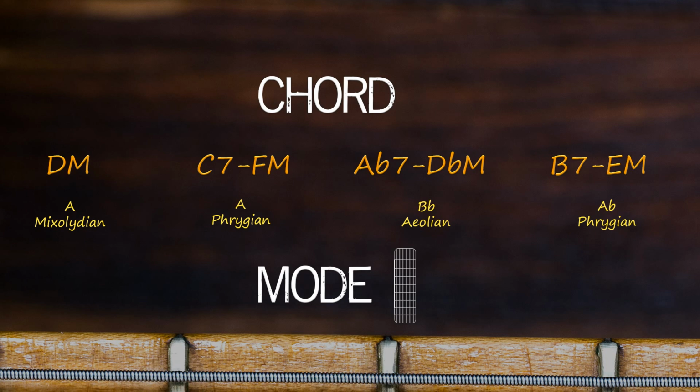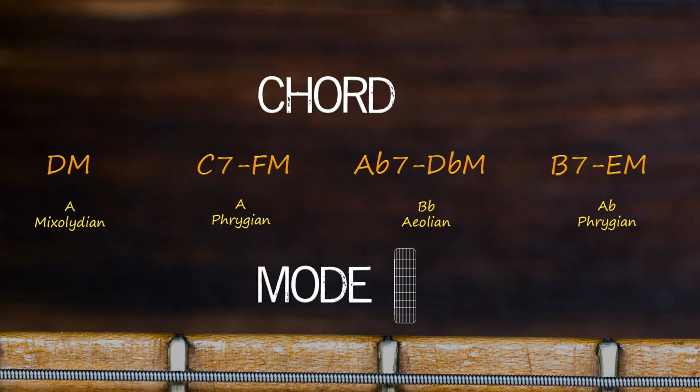So soloing in the shape of A Mixolydian first, and then sliding into A Phrygian gives you a really seamless sound. It allows you to weave your ideas throughout the chord progression without thinking too much. You're just thinking shapes. As we continue, for the key center of A flat 7 to D flat major, we're going to grab the shape of B flat Aeolian, again right next to where we were at A Phrygian.